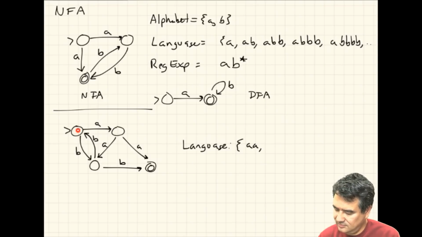We can do A, B. We can do B, B. Let's do B, B. So it looks like a whole bunch of B's and then one last B.